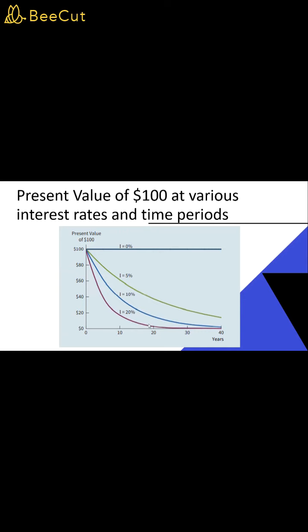You can see if the interest rate is very high, the present value is going to be lower, versus if the interest rate is low, the present value is going to be higher.